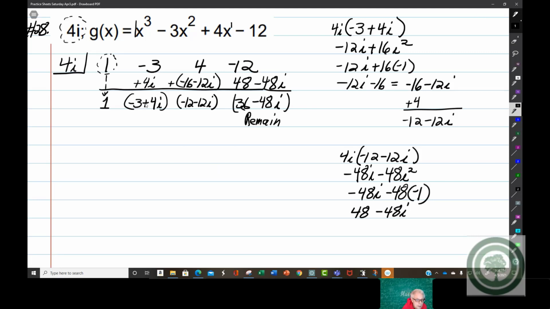This will be x to the third, x squared, x. Yeah, all right, x to the third plus this x squared, plus this x.